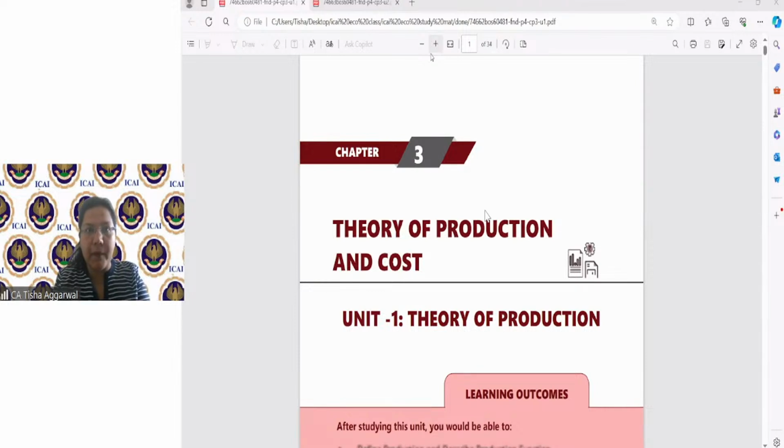And the topic that we're going to start today is the theory of production and cost. Now, when we talk about production, we have already discussed the consumer demand. We have already discussed the producers' or the sellers' supply.